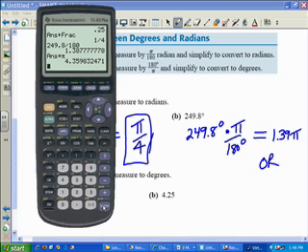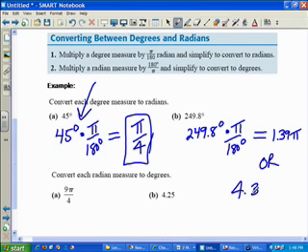You can make that 4.36. Both of those are the same. You could state the answer as 1.39 pi radians, or you could state the answer as 4.36 radians. It's the same thing. You'll see it written both ways.